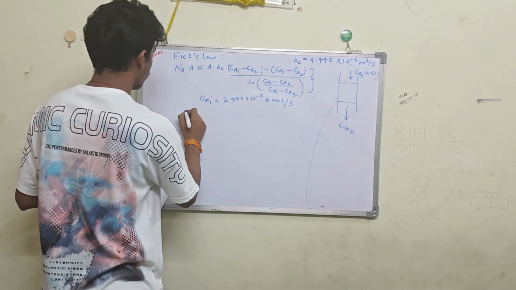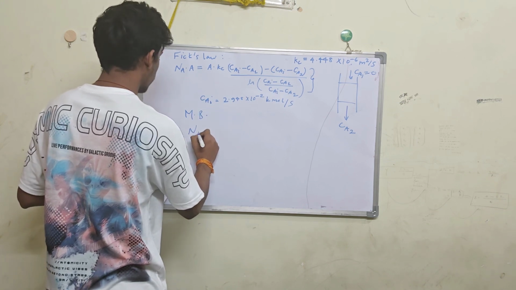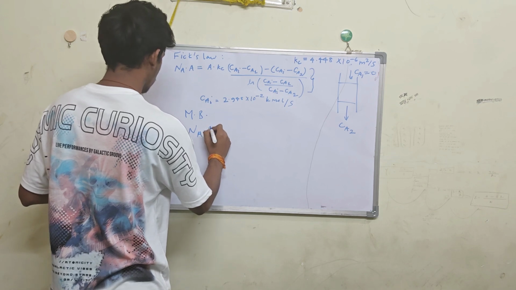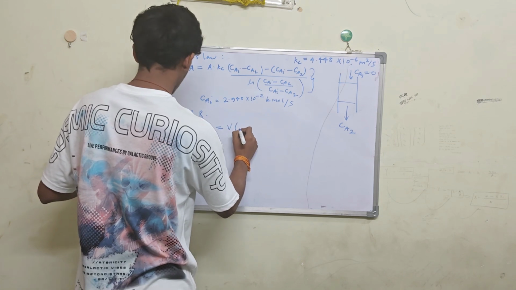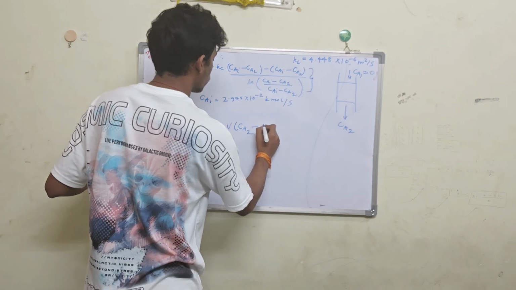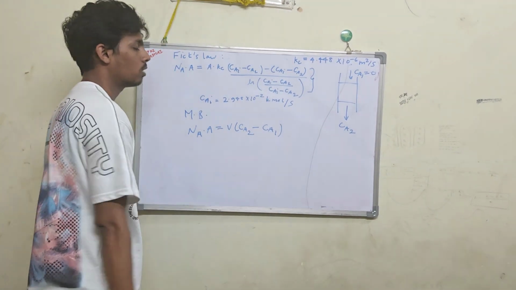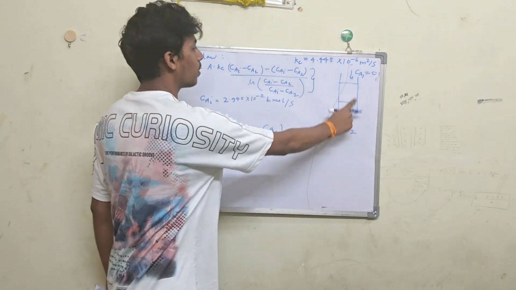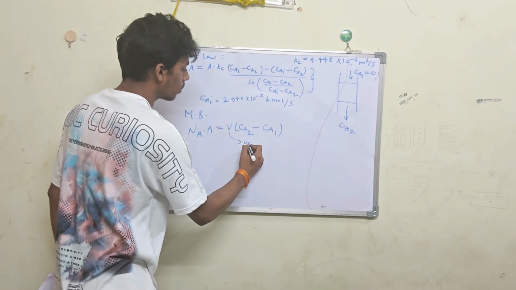And if you do the material balance, you will get another expression of mass rate, which involves CA2 and CA1. Here we are directly using the driving force, which is CA2 minus CA1. This V is volumetric flow rate, already given in the question.